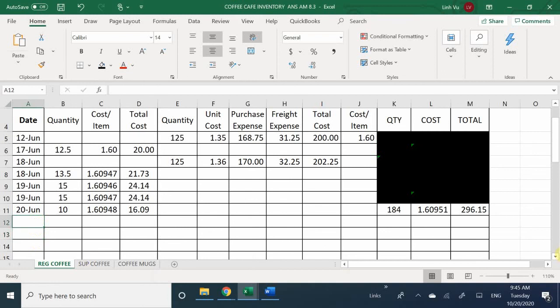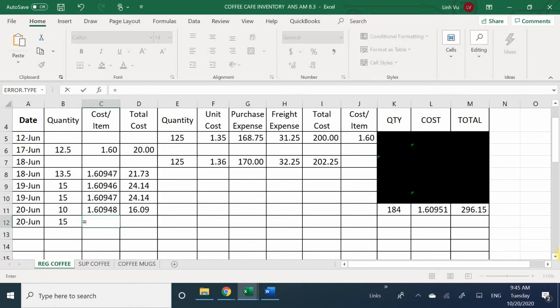So how many pounds did I use for the regular coffee? 15 pounds. And what is my current average cost per item? 1.60951. Okay, so again, equal round.